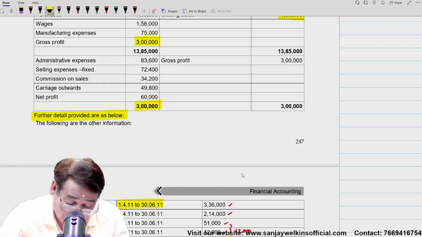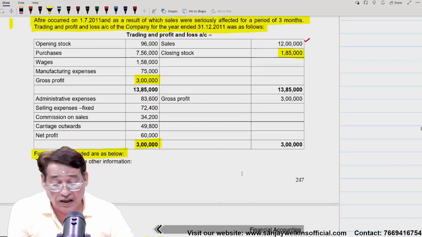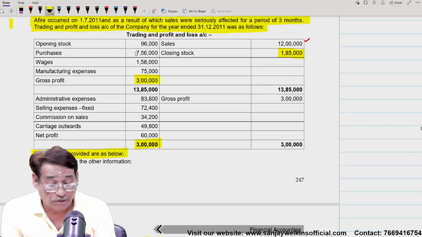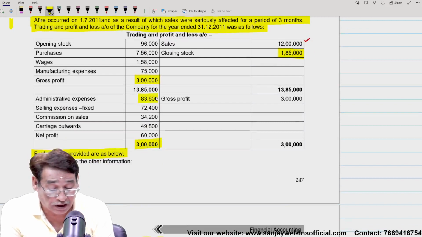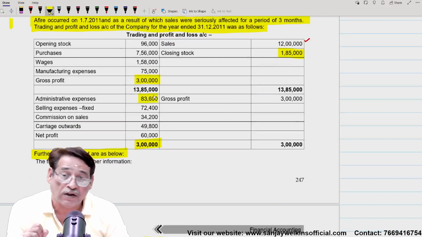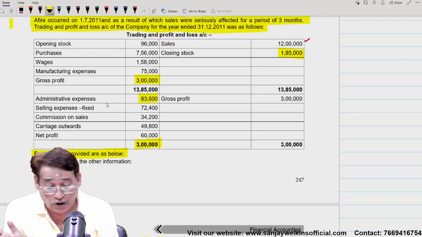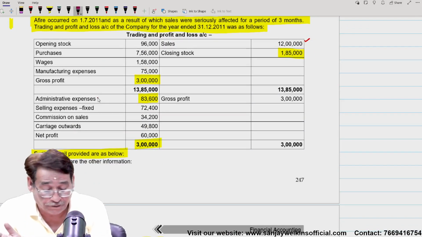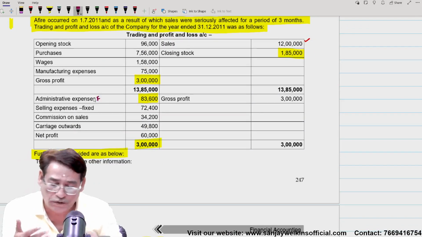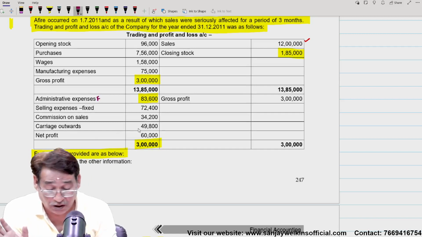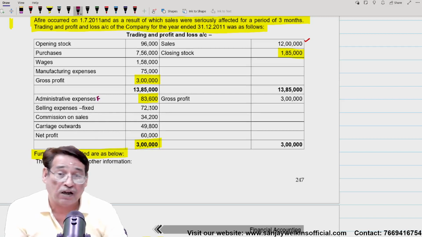Okay. If we look into last year's trading and profit and loss account, we will see administrative expenses is 83,600. So many times I have told you administrative expenses are always of fixed nature, whether written or not. Similarly, in this question, selling expenses are given.